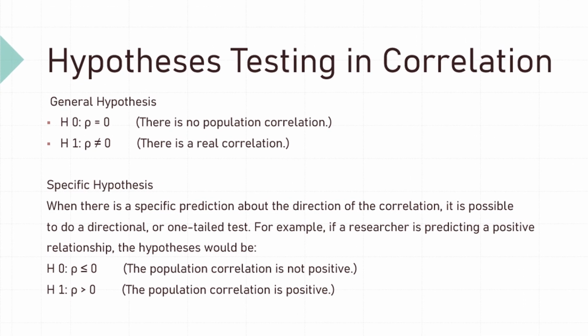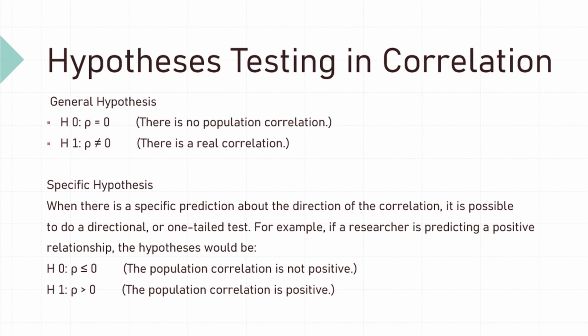When you are having hypothesis testing, we use H0 as rho equal to 0, which shows that there is no population correlation, and H1 as rho not equal to 0, there is a real correlation. And for a specific hypothesis, when there is a specific prediction about the direction of the correlation, it is possible to do a directional or one-tailed test.